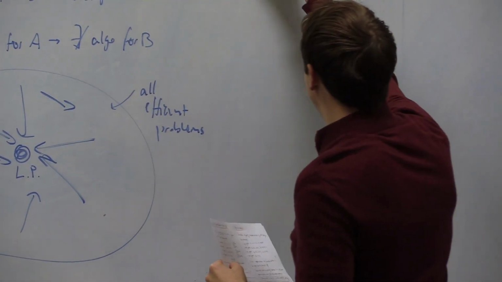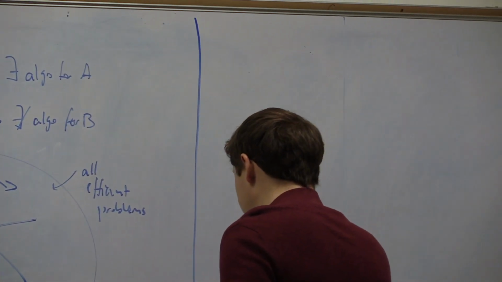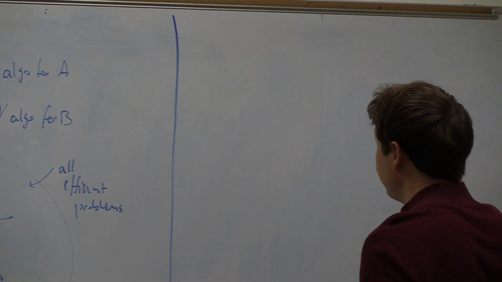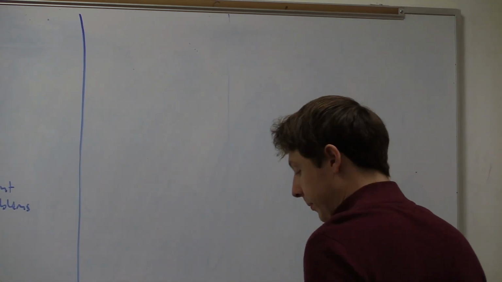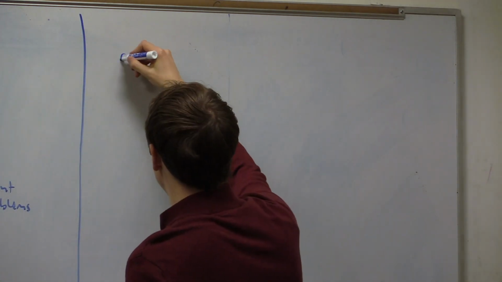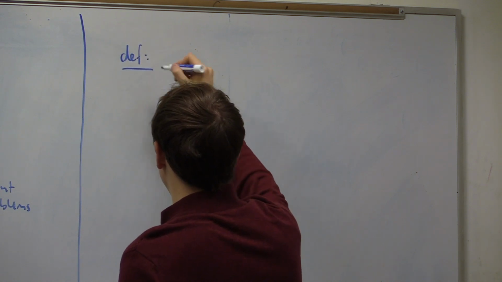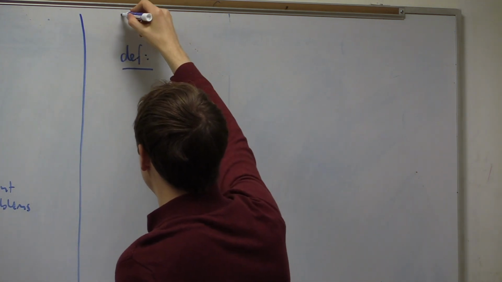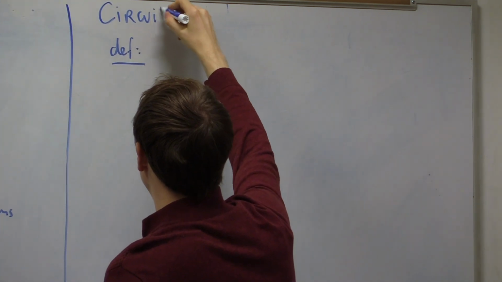All right, so before we get there, there are a couple of definitions that we need to go through. The first one has to do with introducing the notion of the circuit value problem.